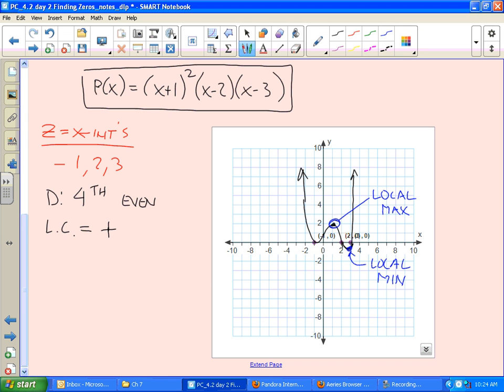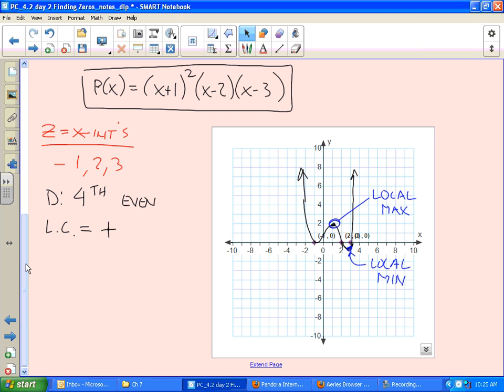They're local because they're not the highest point. The local maximum is just the maximum of that little area within my x-intercepts. That's why we call it a local maximum. The graph keeps going forever in the y direction, so it actually doesn't have a maximum. But in terms of what we're looking at, that would be the highest point right there.